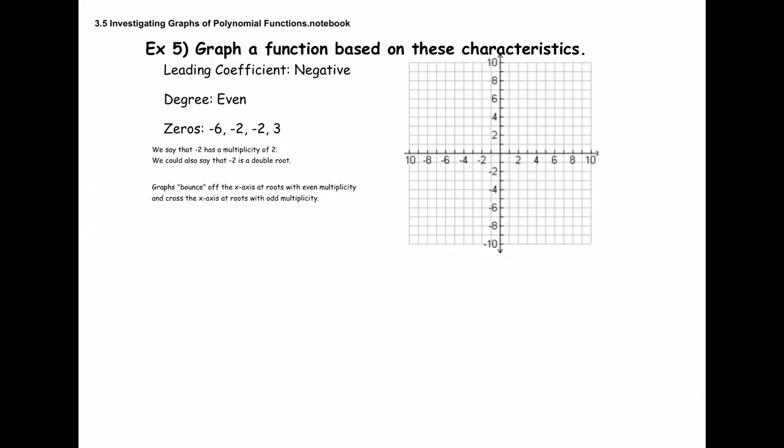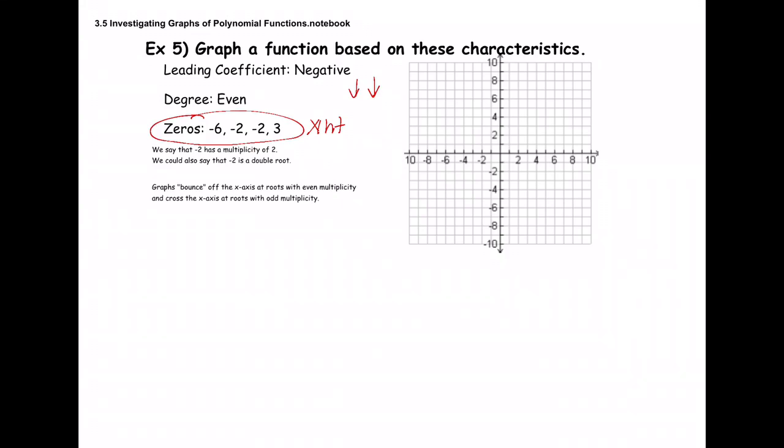Example number 5 says graph the function based on the characteristics. So we know that our leading coefficient is negative and our degree is even. So we know that both of our end behavior is pointing down. When we look at our zeros, this is telling us all of our x-intercepts.